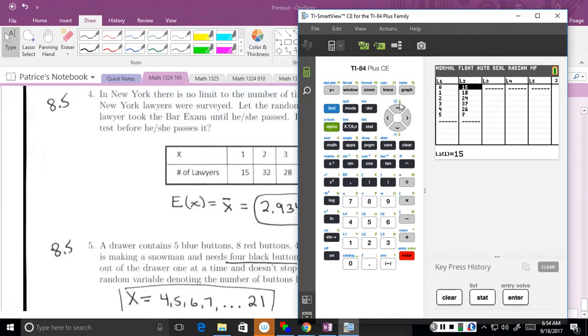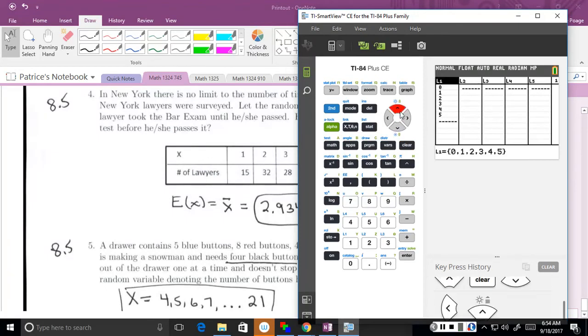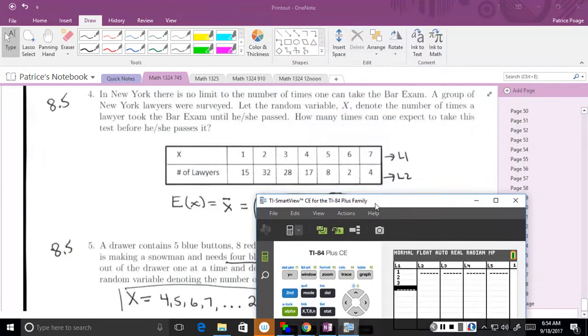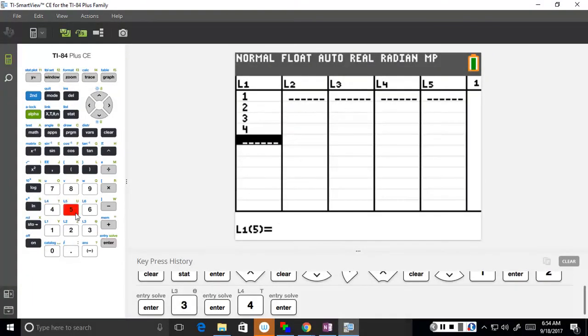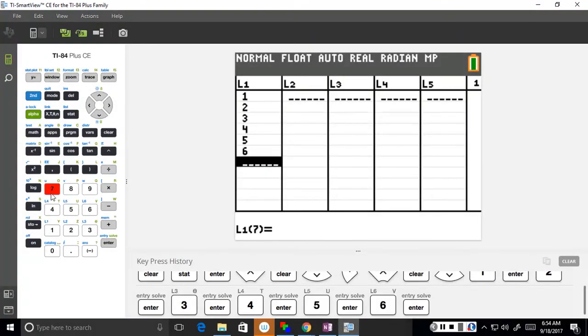I already have stuff in there, so I'm going to arrow up and hit clear and come down. Arrow up and hit clear and come down. And I'll put my X values in list 1. I get to 1, 2, 3, 4, 5, 6, 7. And then I'll put the number of lawyers in list 2.